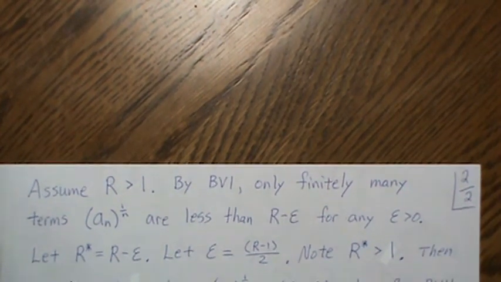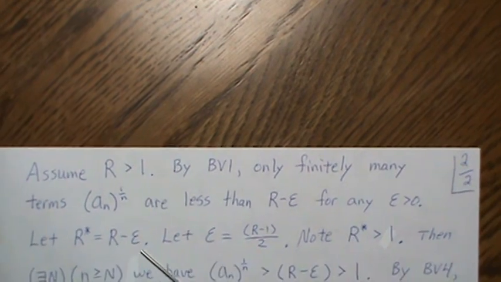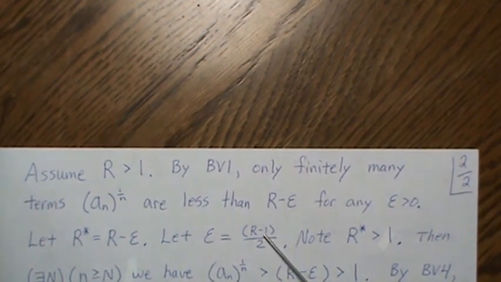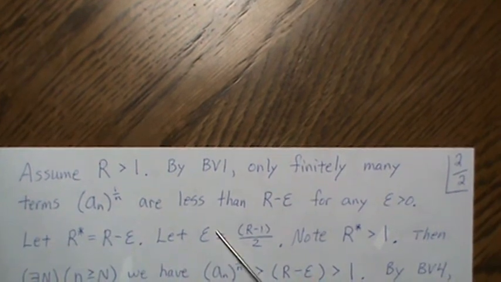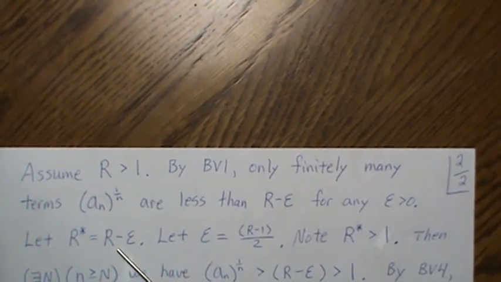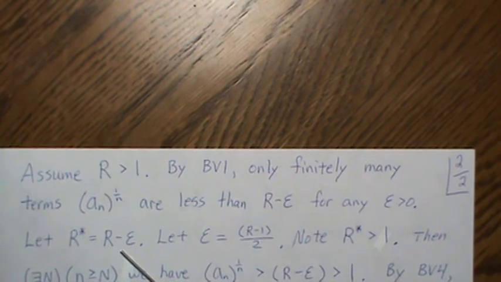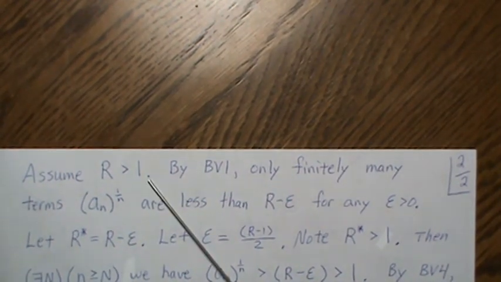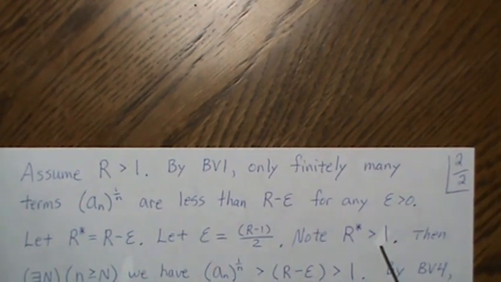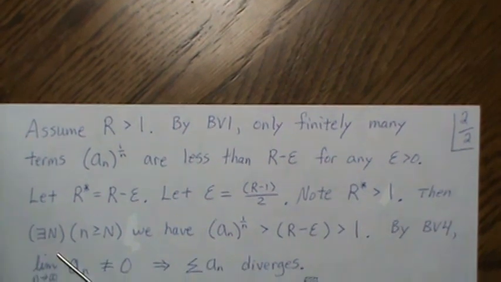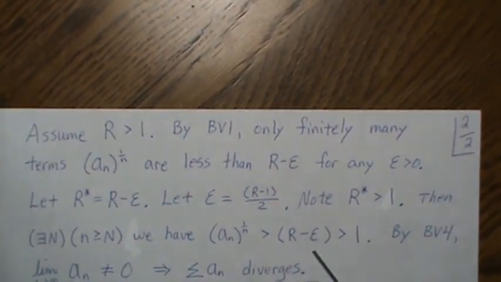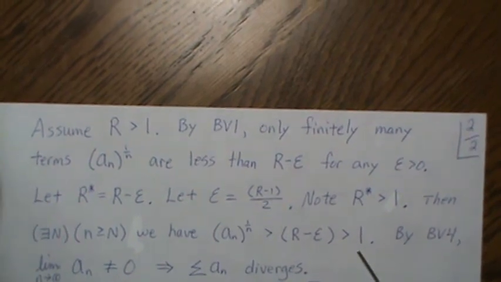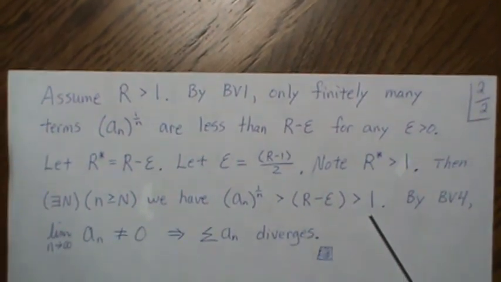If R star is R minus epsilon, then we let epsilon be half the distance between R and 1. So that when we subtract epsilon from R, which is that limit supremum, we're still above 1. Then there exists an N such that for n greater than that N, we have every term greater than R minus epsilon, which is greater than 1.